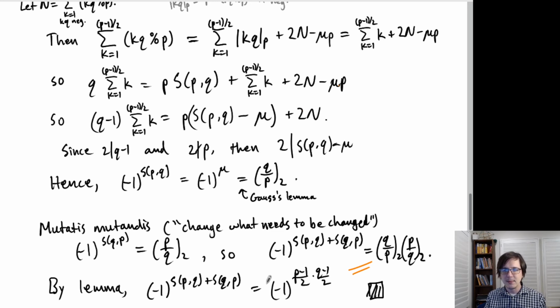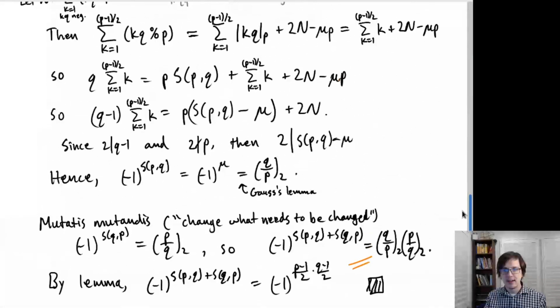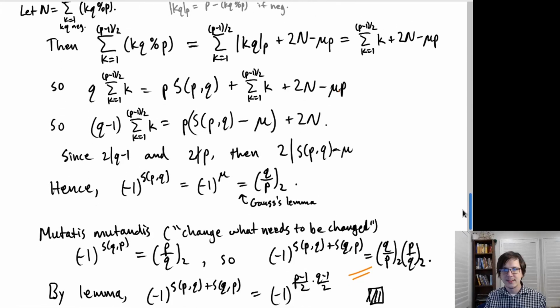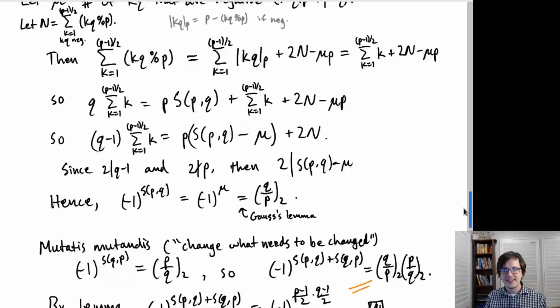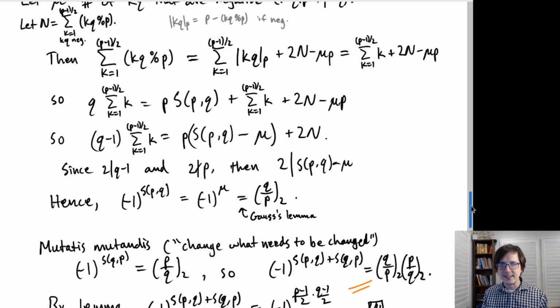Though it is also commonly written in this form. It's nice and symmetric that way. Okay, so that's quadratic reciprocity. I guess it is kind of hard to say why it's true. With other theorems, you do them and you have a good idea of what just happened.